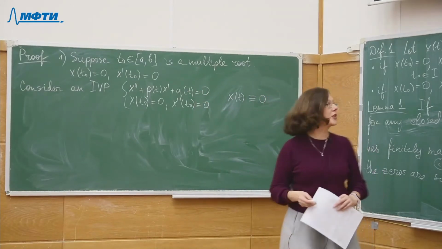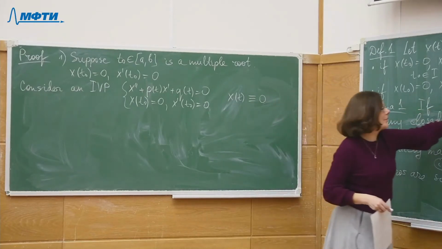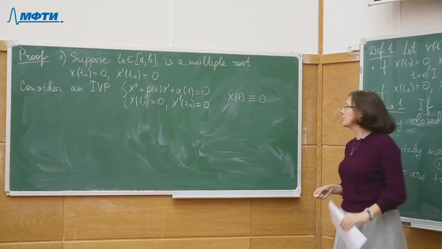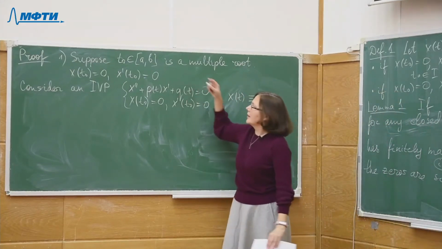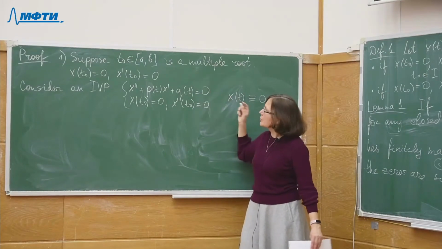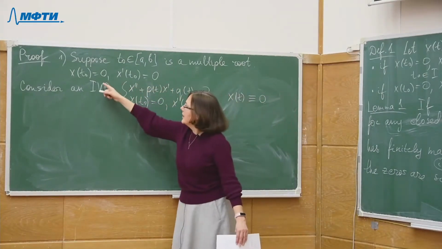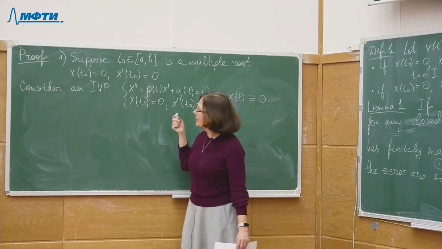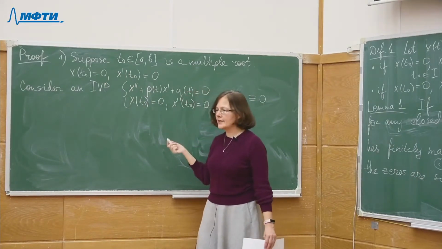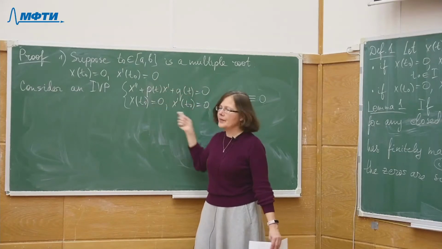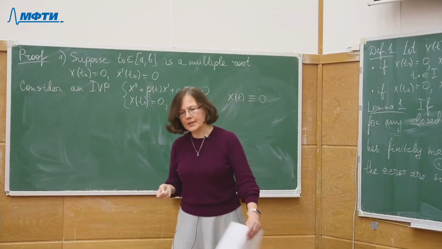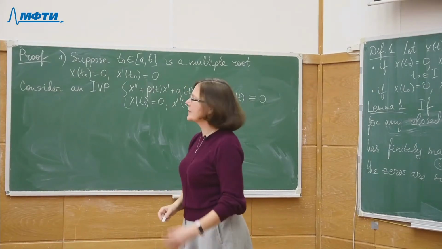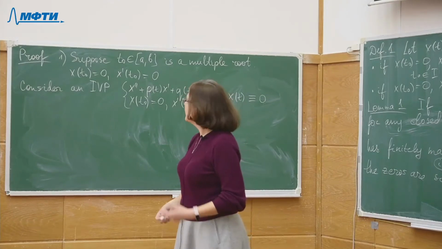So this is a contradiction with the hypothesis of our lemma. So this fact proves that the zero cannot be a multiple zero, only a simple zero. It follows from this that any zero of the solution is a simple zero.